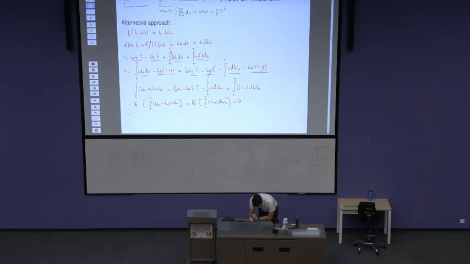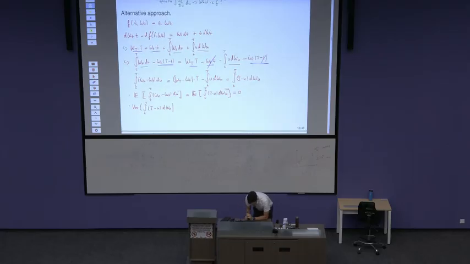And for the variance, the variance is defined as the expected value of the squared expression minus the squared value of the expected value. The expected value is 0. So this means the variance is just the expected value of the squared expression.